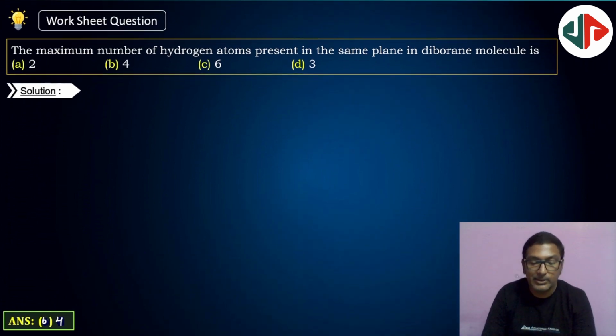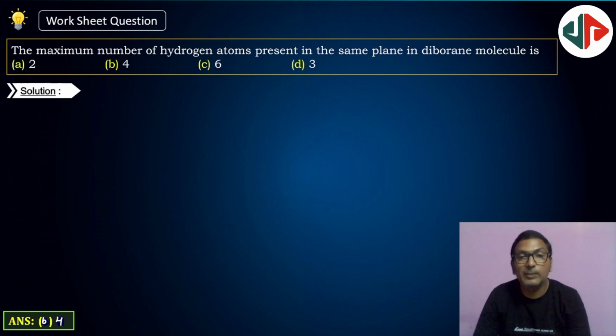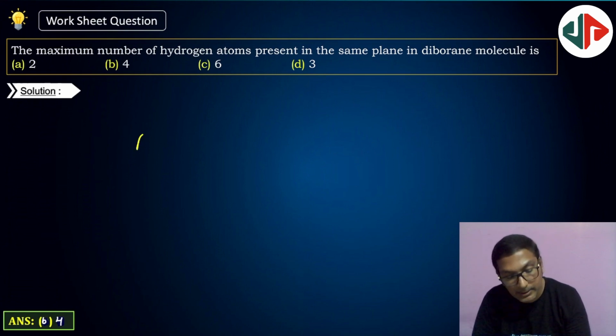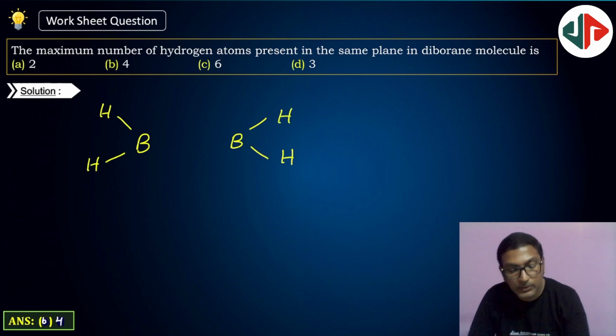Maximum number of hydrogen atoms present in the same plane in diborane molecule. So, diborane structure. Here BH2 and here BH2 and here two hydrogens, bridging hydrogens. One is above the plane and the other one below the plane.